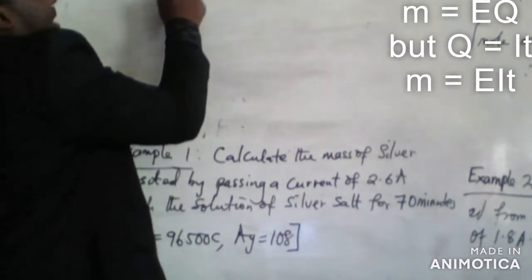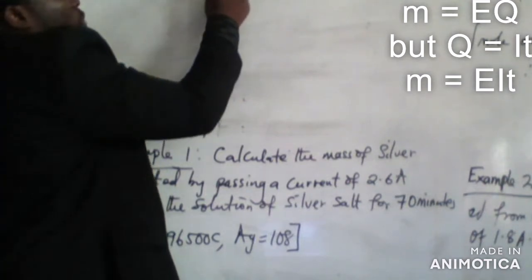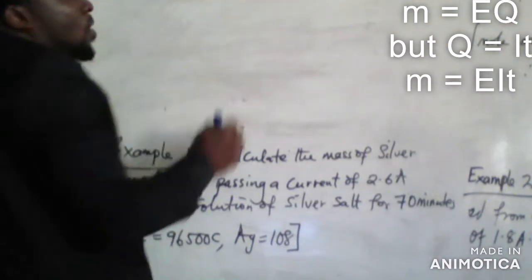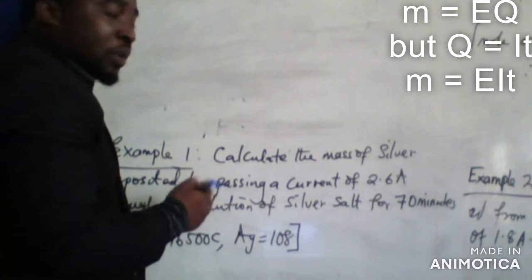Now, mathematically, when we want to change the sign of proportionality to sign of equality, we introduce what? A constant. And that constant is called electrochemical equivalence of the elements involved.